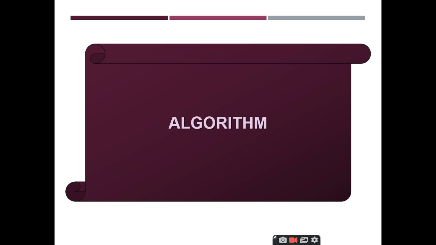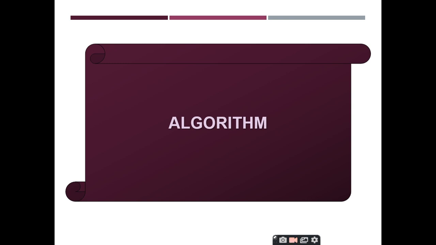But before giving a solution using the programming language or before writing a program, one should know a particular concept called as algorithm. So whenever you have a problem, don't just try to write the code or the program using some programming language.